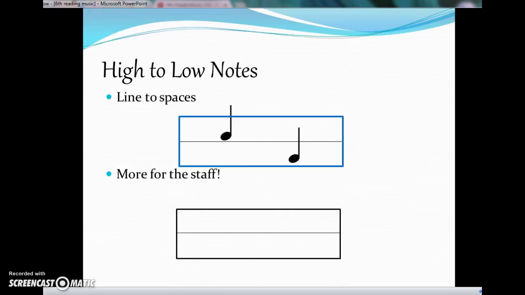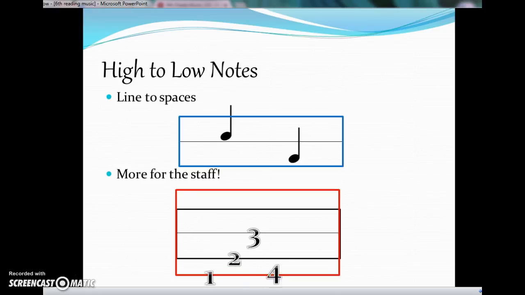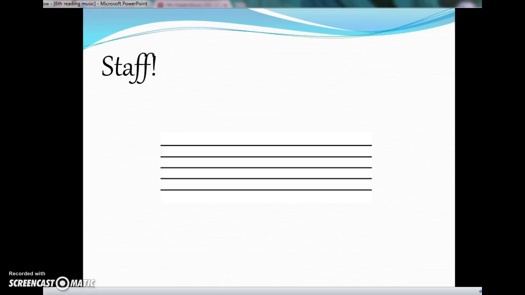We can now add the box, and we now have 1, 2, 3 lines and 2 spaces, but a staff has 5 lines and 4 spaces, so we need to add yet another box, and that will give us 1, 2, 3, 4, 5 lines and the 4 spaces between them. So our staff looks like this. It has 5 lines and 4 spaces. This is where we place music notes. This is where music notes are written.